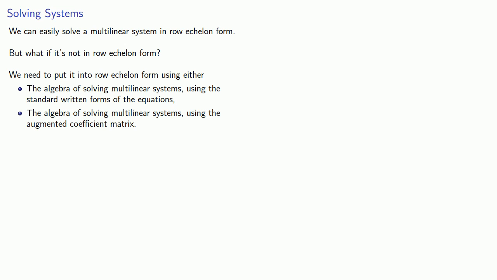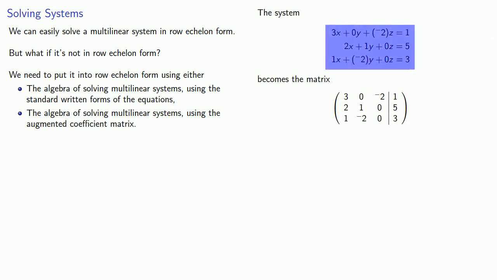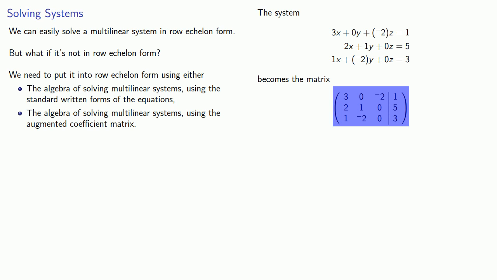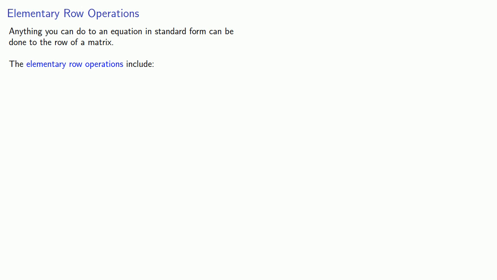The advantage to this is that we can take a system of equations and write them down more compactly as an augmented coefficient matrix. Since every row of a matrix corresponds to the coefficient and constant of an equation in standard form, then anything you can do to an equation in standard form can be done to the row of a matrix. This produces what are called the elementary row operations.